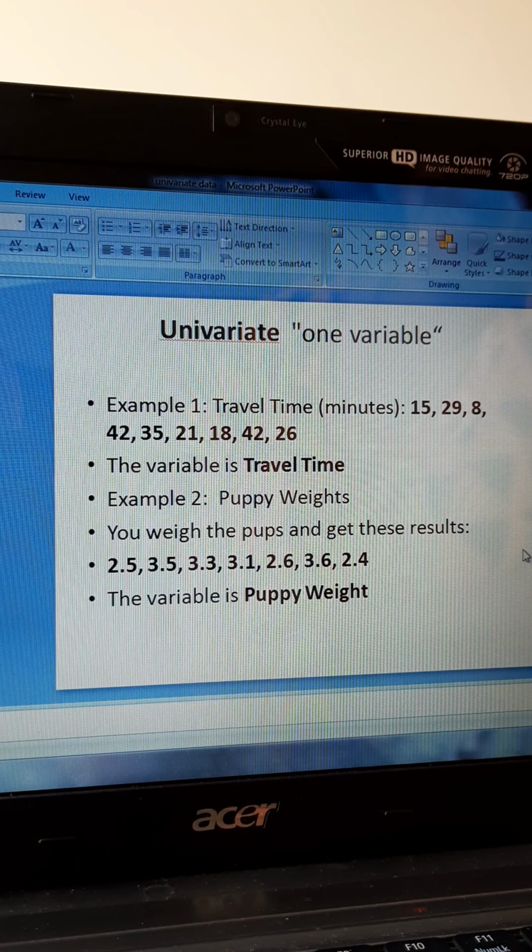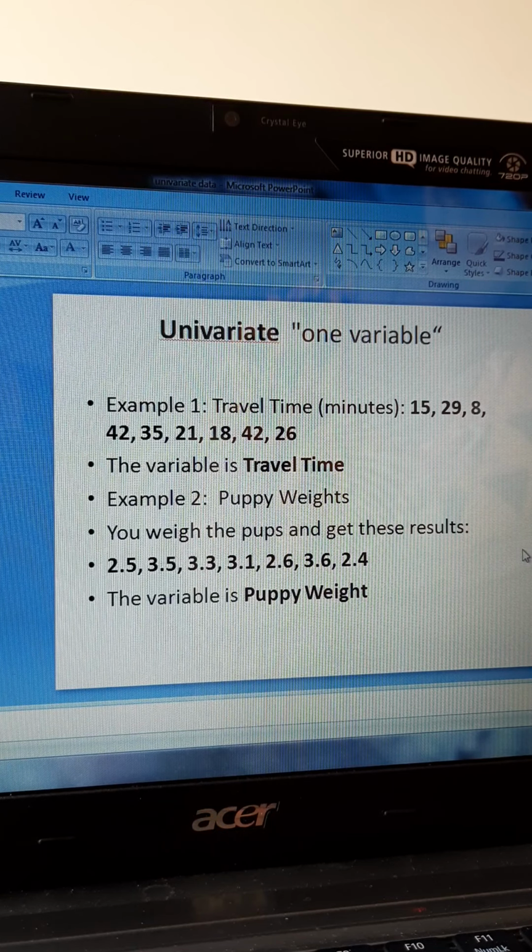What is the time taken if you come through various modes of transport? So for some reason we are doing a study on the time taken for travel to visit the college. Univariate, only one.